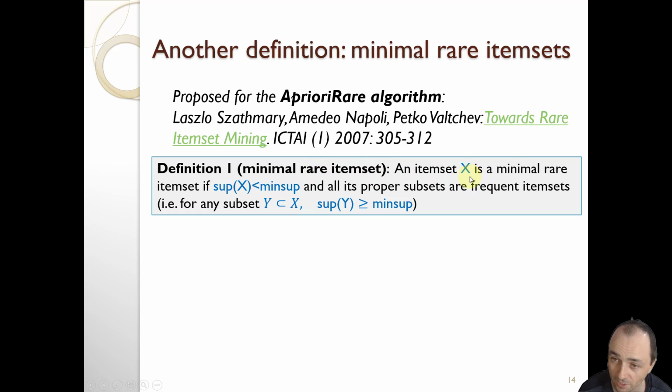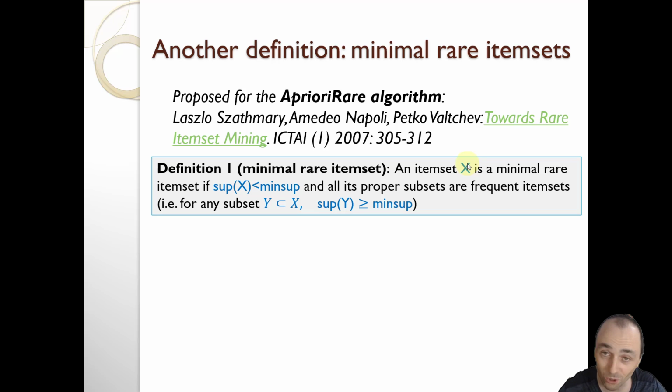We say an item set X is a minimal rare item set if the support of X is less than the minimum support, and also all the proper subsets of X are frequent item sets. So what does it mean? The proper subsets: if you have a subset Y of X, it must be frequent. So we want to find the item sets X that are not frequent, but all the subsets must be frequent.